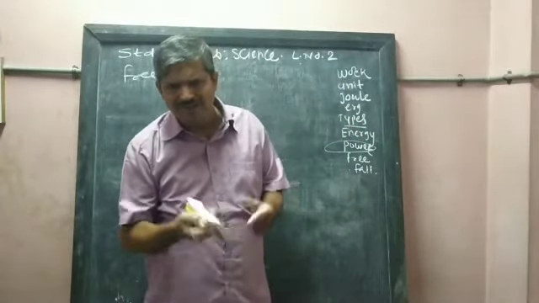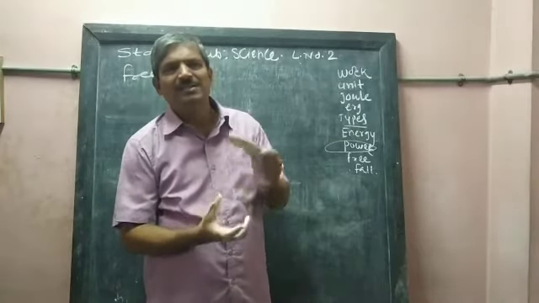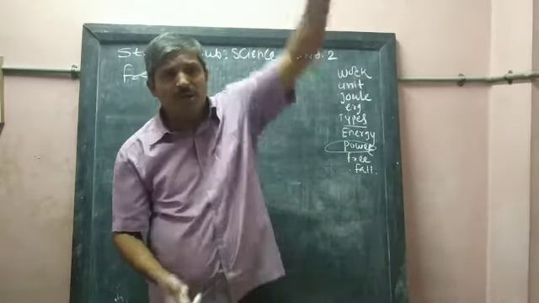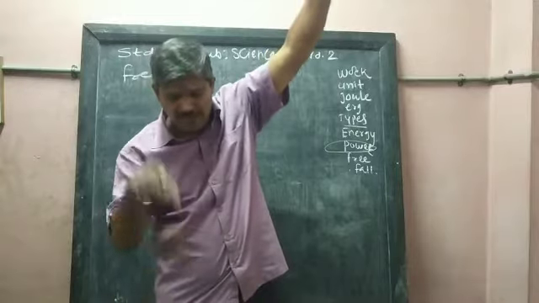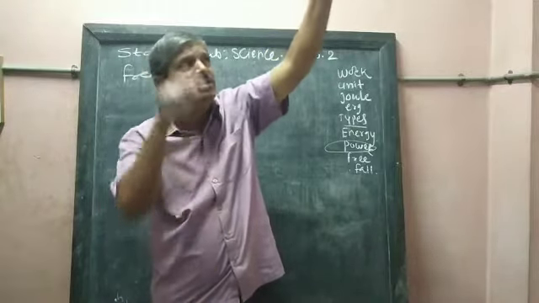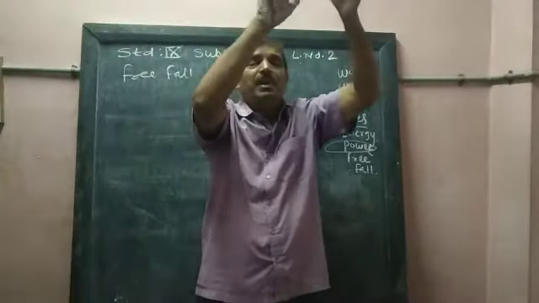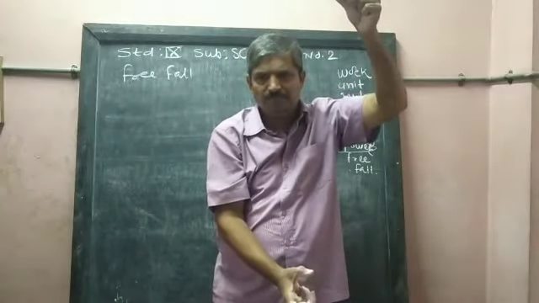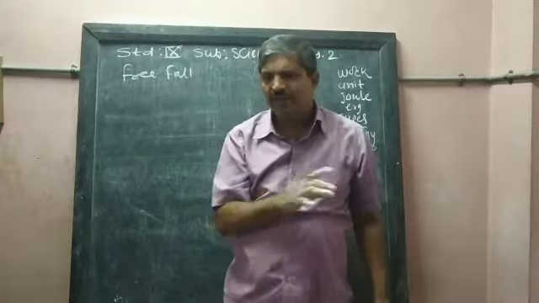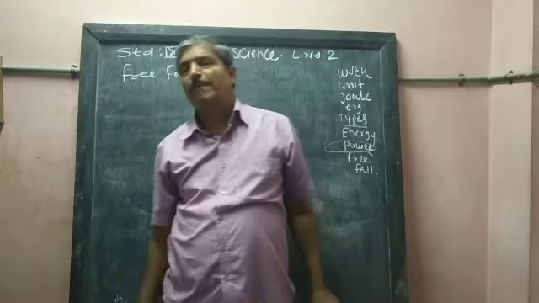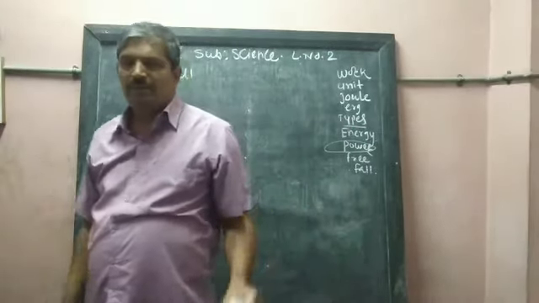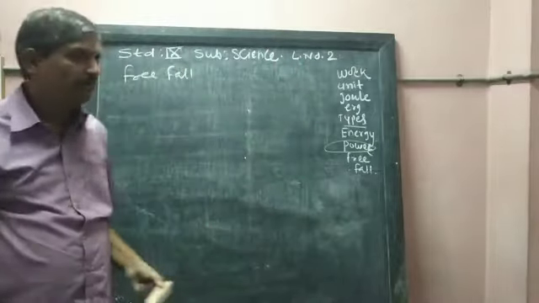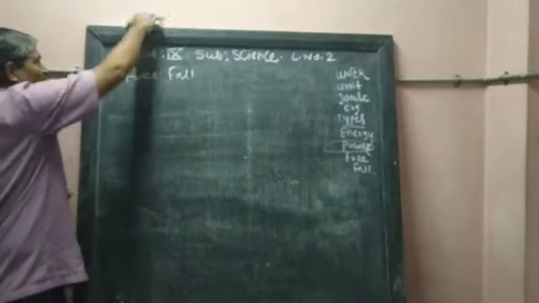The reason is that we have thrown it upward, but the gravitational force of the earth is exerting on it, and it comes down. When gravitational force is exerted by the earth on any object, it goes towards the earth. That is called free fall.